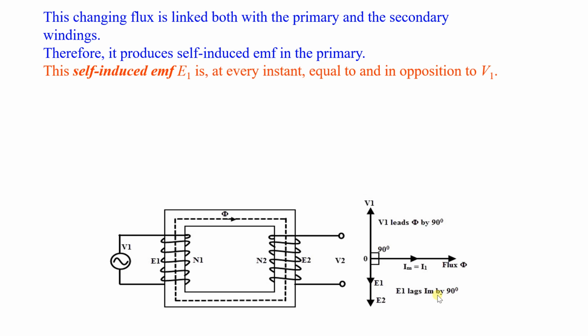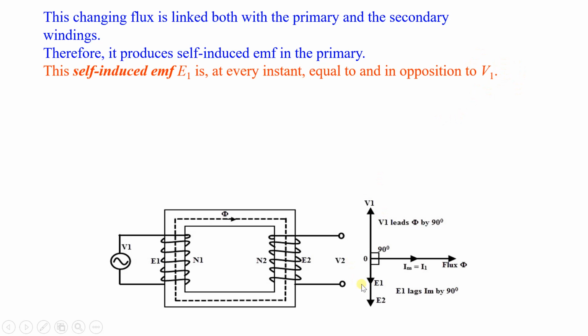So the changing flux is linked with both the primary and the secondary winding. The change in flux is here. Therefore, it produces a self-induced EMF in the primary. This E1 is the self-induced EMF in the primary. This self-induced EMF E1 is at every instant equal to and opposite to V1.